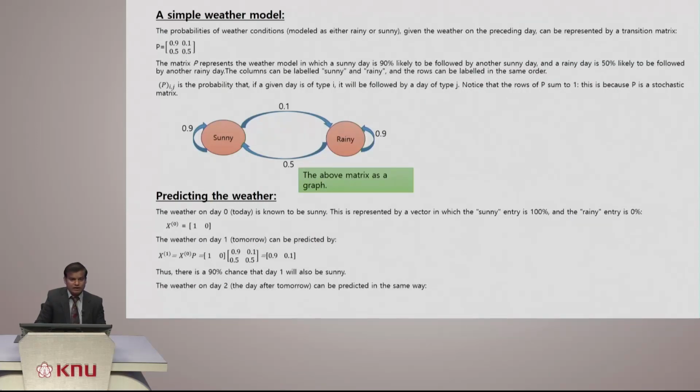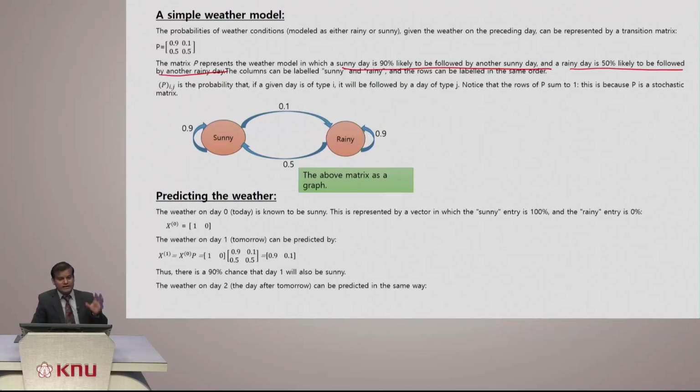Okay, let's look at more real world examples. In this real world example, the problem given to us is the weather model in which we have the sunny day is 90% likely to be followed by another sunny day. So once you have a sunny day, it will be followed by another sunny day 90%, and the rainy day is 50% likely to be followed by another rainy day.